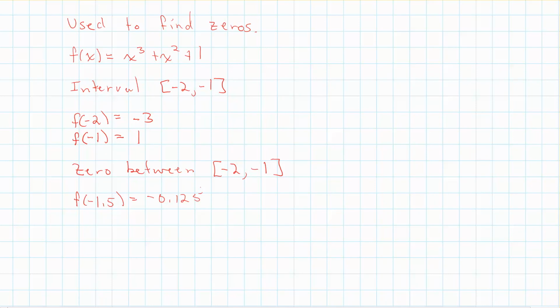Well, that means there's a 0 between -1.5 and -1, because f at -1.5 is -0.125 and f at -1 is 1, so I'm going to take on every value between these 2 points, including 0. And then you can keep playing this game where we do half the interval and seeing whether you're positive and negative, and eventually you'll wind up finding the 0. So that's just one application of it.